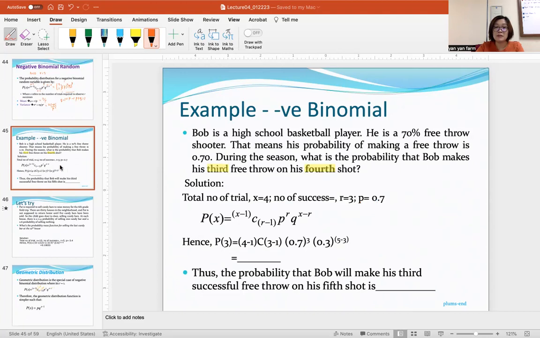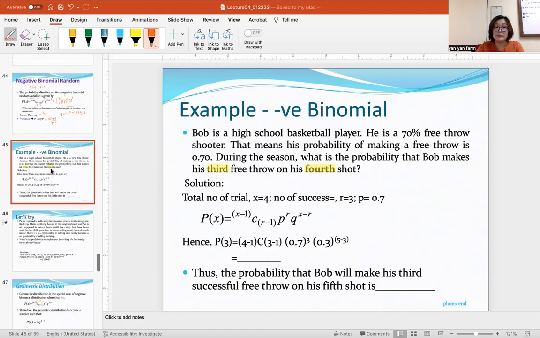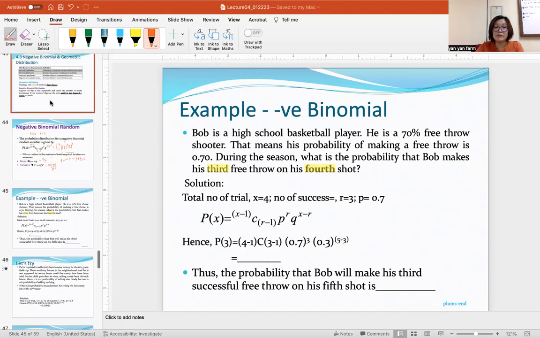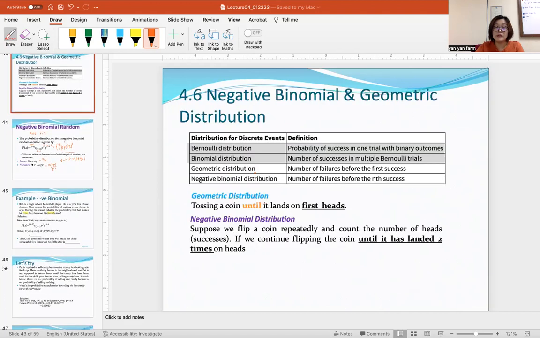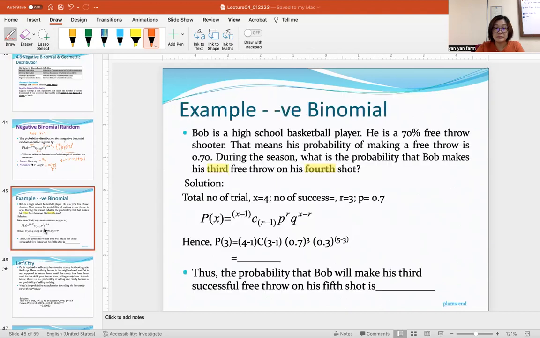In this part, you might ask, is this geometric, or is this a negative binomial distribution? Well, geometric is the number of failures before the first success. Then we look at this: this is the third free throw, which means that the success for him is 3 times already. So r equals 3, and therefore this is negative binomial.